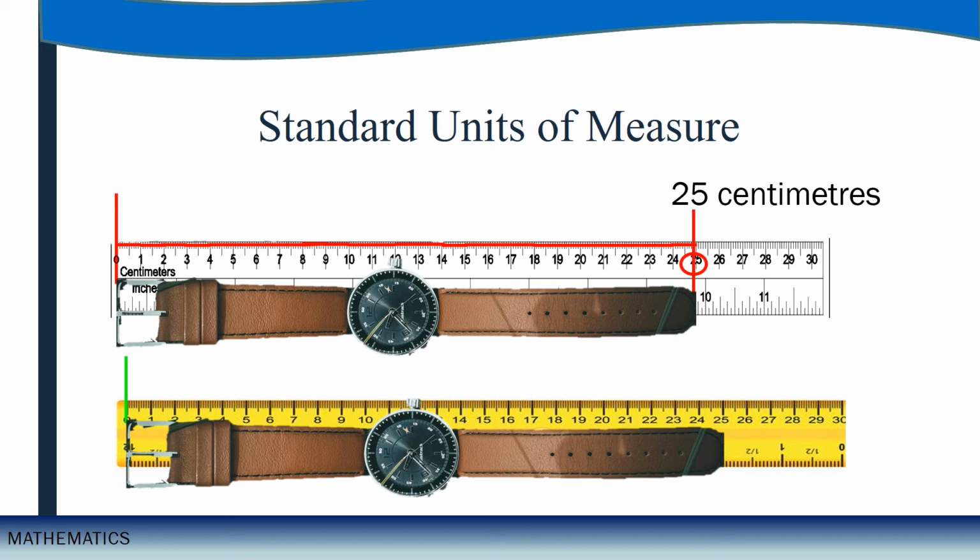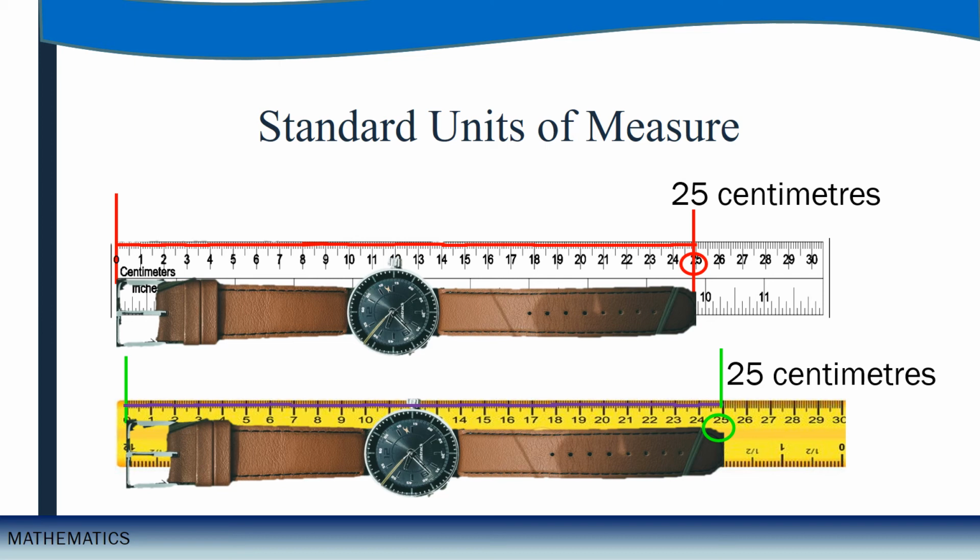I want you to count the units with me. 1, 2, 3, 4, 5, 6, 7, 8, 9, 10, 11, 12, 13, 14, 15, 16, 17, 18, 19, 20, 21, 22, 23, 24, 25 centimeters. And there we have it. Our end point is also 25 centimeters.